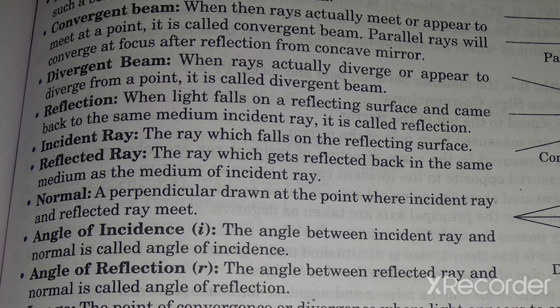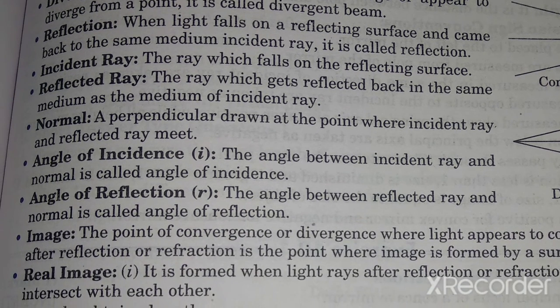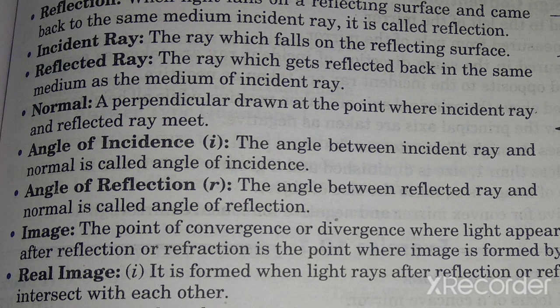So this phenomenon is known as reflection of light. Okay, the light ray which got incident on the reflecting surface is known as incident ray. The ray which falls on the reflecting surface is known as incident ray. Reflected ray, the ray which gets reflected back in the same medium as the medium of the incident ray, is known as reflected ray. I have shown this in the earlier video.